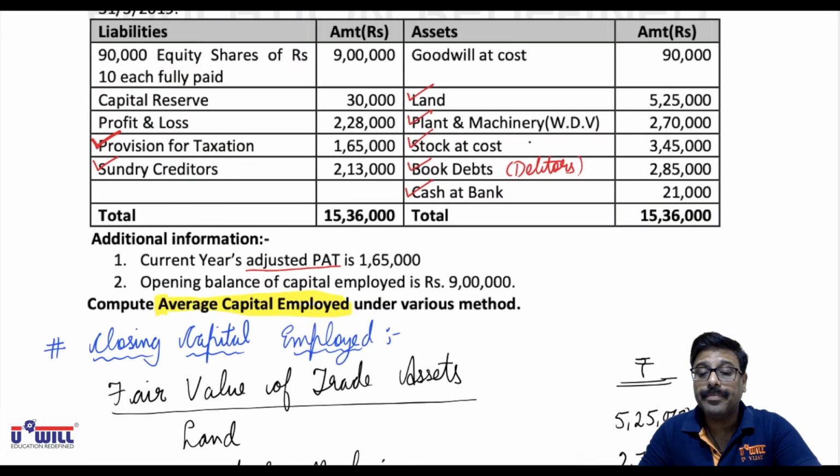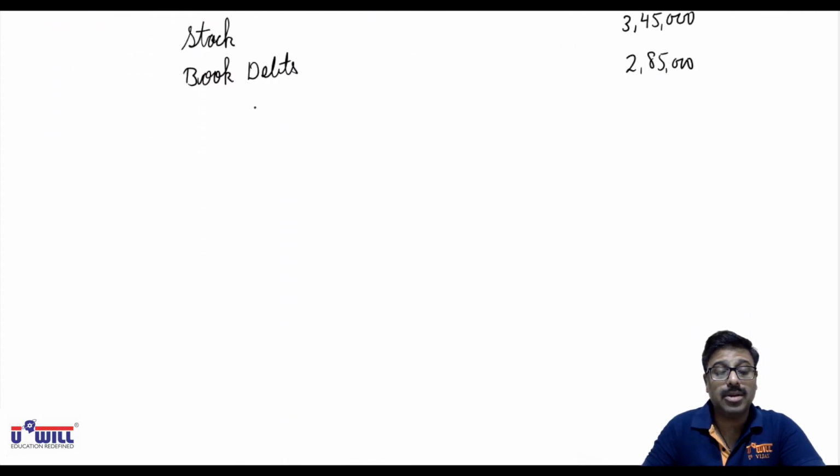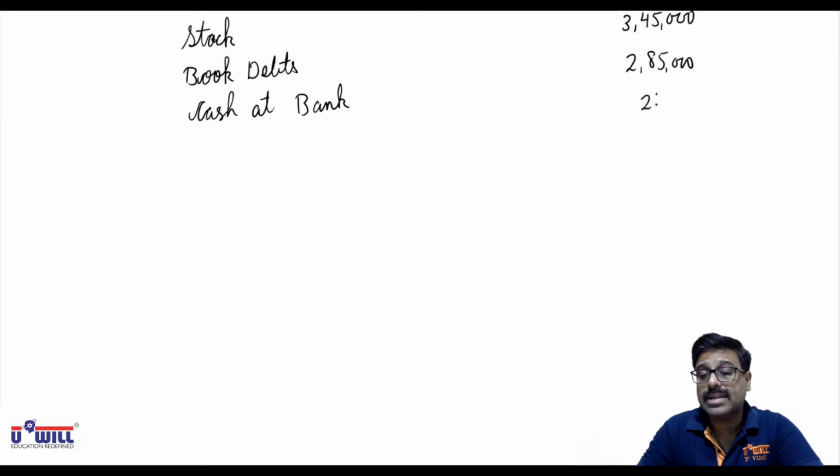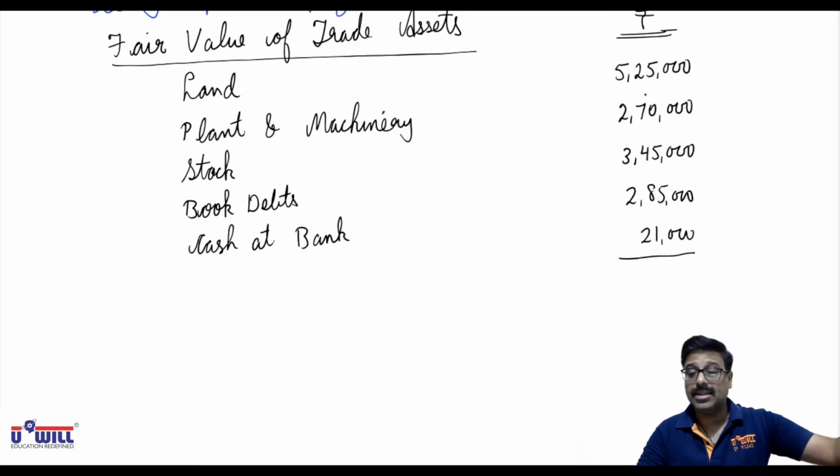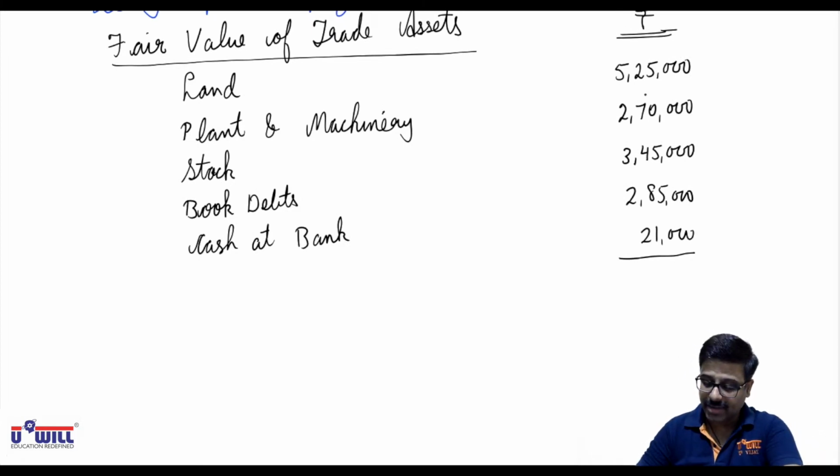Then cash at bank 21,000. So these are all the trade assets. Now we have to get the total of all the trade assets. So do it in the calculator everyone. 5,25,000 plus 2,70,000 plus 3,45,000 plus 2,85,000 plus 21,000. We'll get 14,46,000.